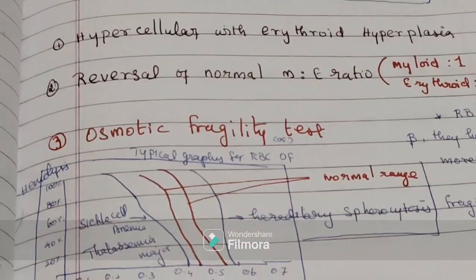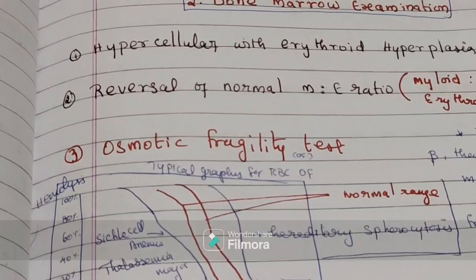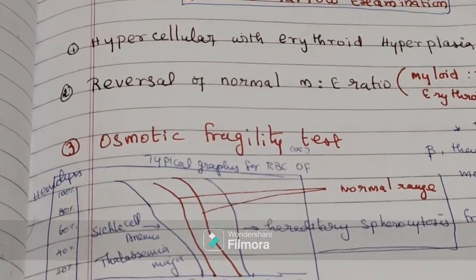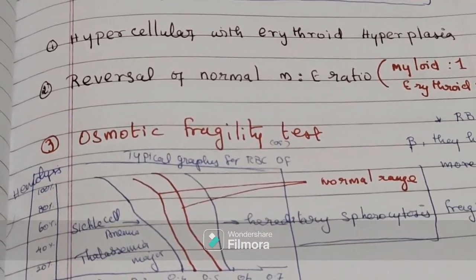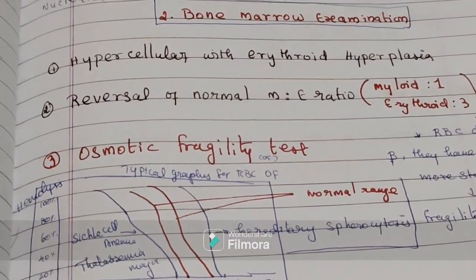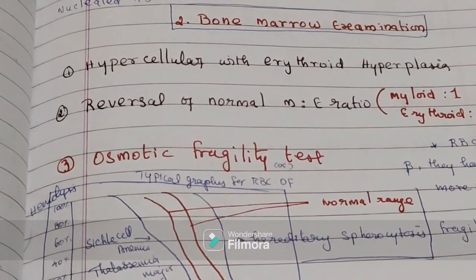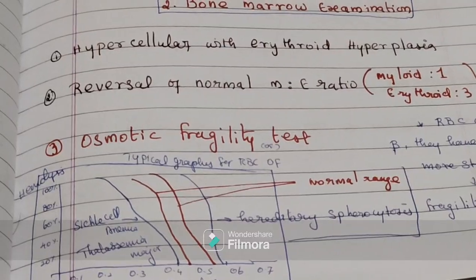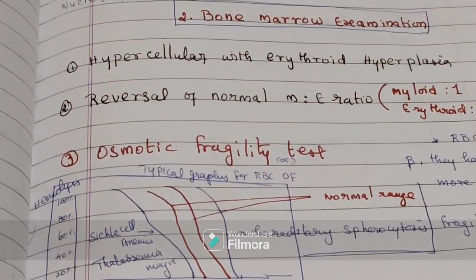Next one is the osmotic fragility test. It is very important to understand here. The osmotic fragility is decreased. They become more stable here.